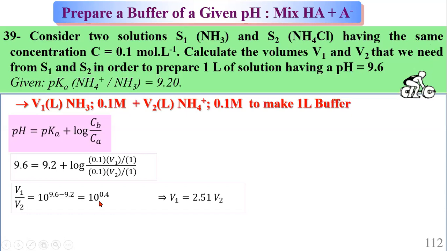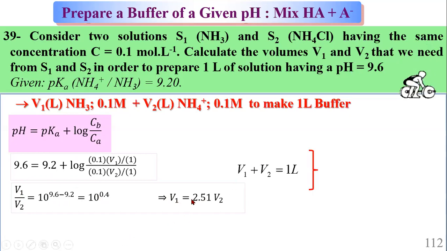Try this by hand and you're going to see. So now I have a ratio between volume 1 and volume 2 of the acid and the base. And watch out here, the ammonia is the base, so that's on top. So that's one equation which gives me a ratio between volume and volume. I can use another equation which says V1 plus V2 is 1 liter, because of course I'm preparing a buffer which happens to be a 1 liter buffer.